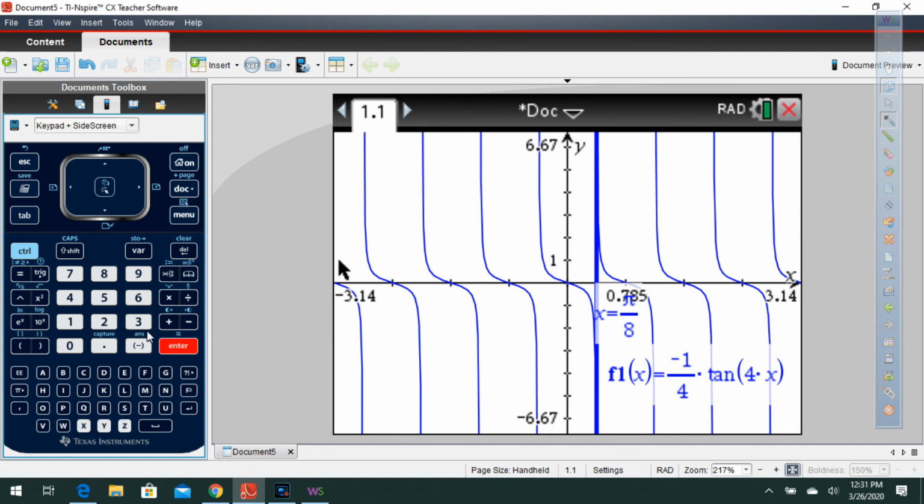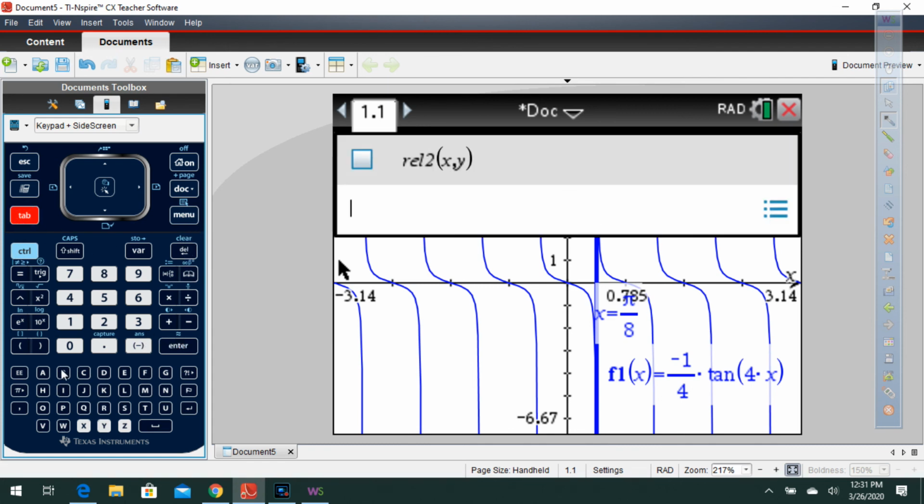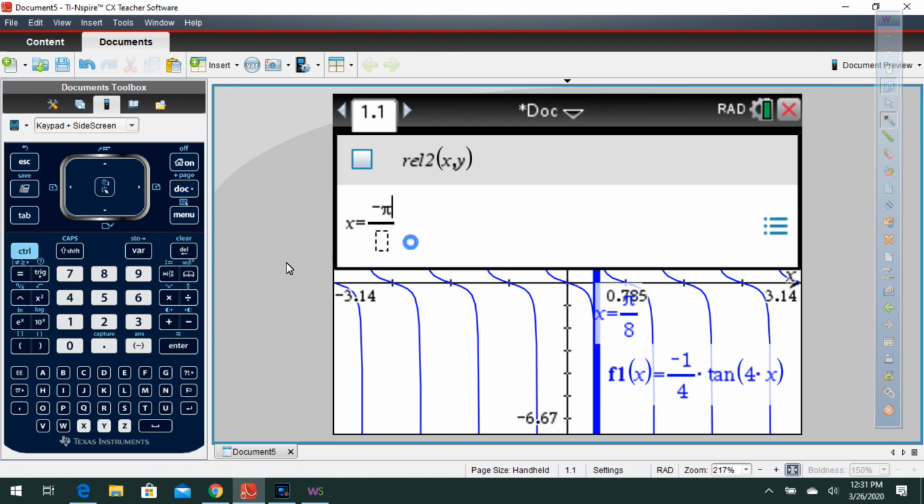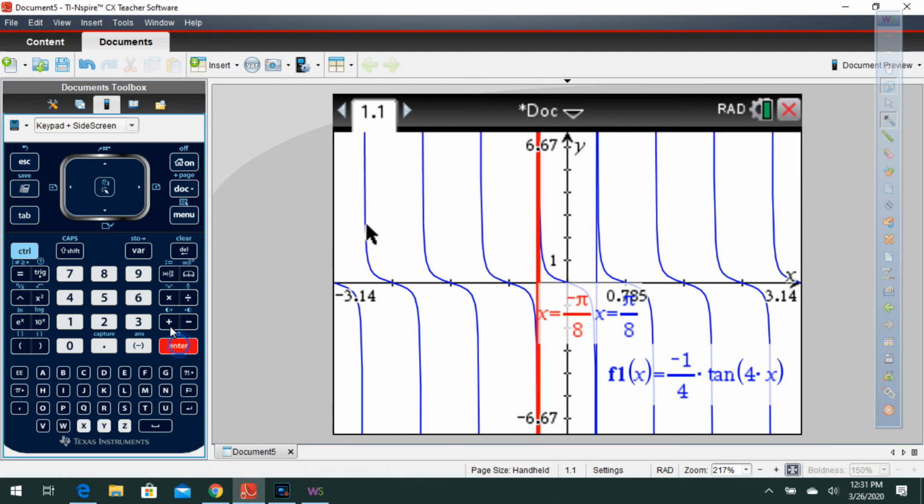Wow. So you're going to have another one at, we'll push tab, x equals negative pi over 8. And there's your other. Okay.